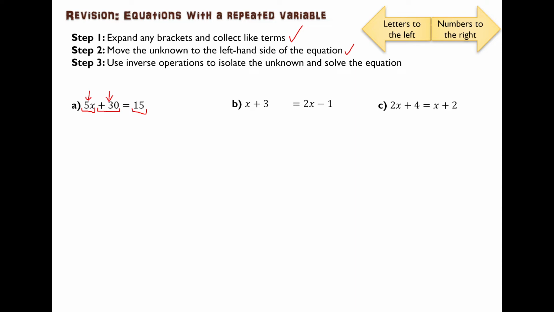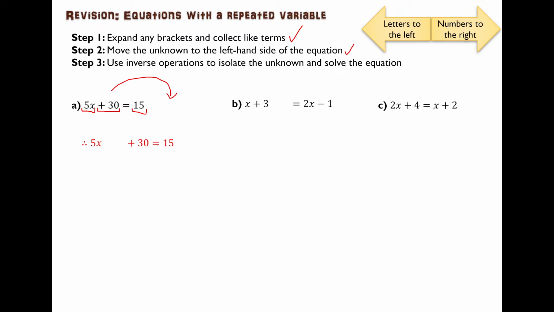So that needs to go to the right. So it needs to move. And this term is also a number term, needs to be on the right, and it is already on the right. So there's only one term that I need to move, which is this one here, because it's a number term, and I want my constant terms to be on the right-hand side. So the 5x is going to stay here.